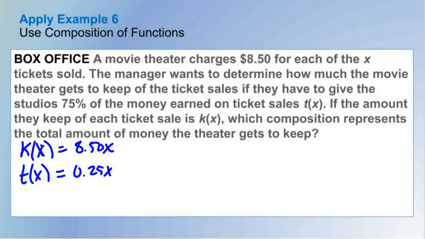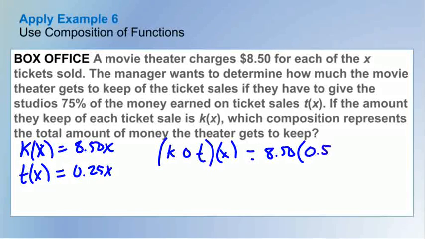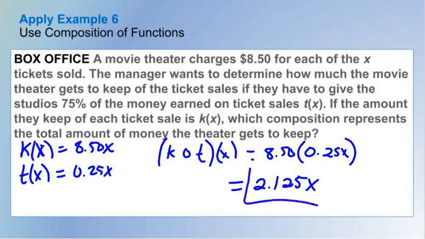So I would have to put T of X into K of X. So I'm going to have K of T of X. So the T of X is 0.25x, so I would have to put $8.50 of 0.25x, and this will give us a composed function of 2.125x. And that would be our composed function.